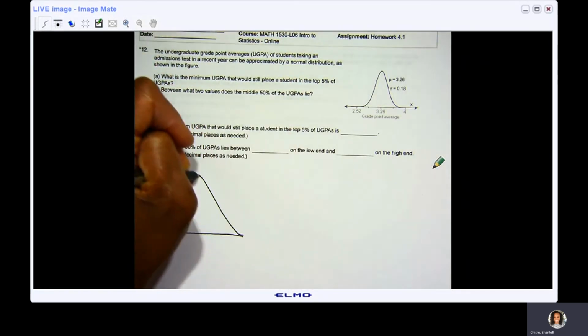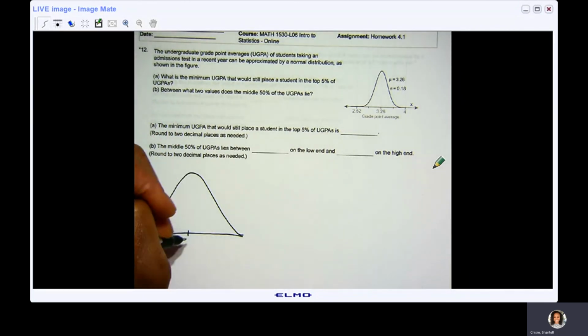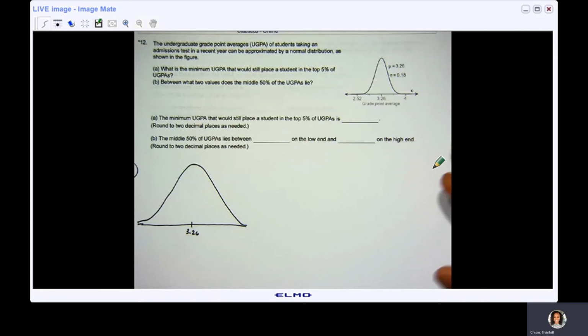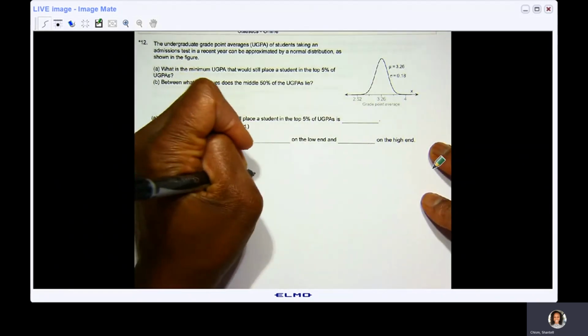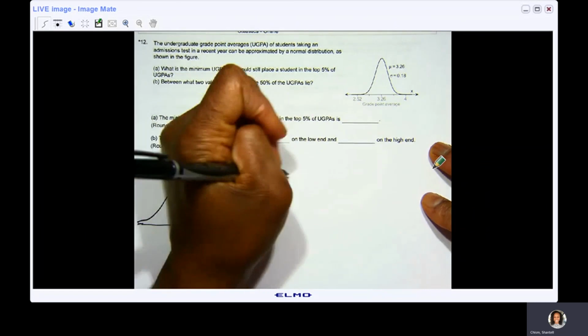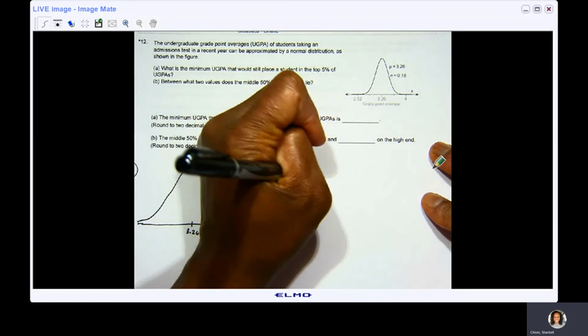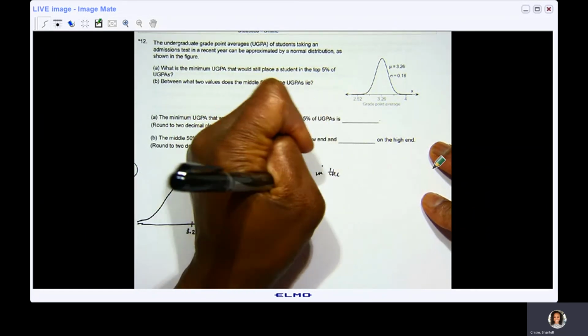So let me look at part A. I've got this picture. I'm going to draw it again so that I can label it with my given information, okay? My mean there at the center is 3.26, okay? And I want to find what the minimum GPA will be that would place a student still in the top 5%. So understand top 5% is representing the area in the right tail.